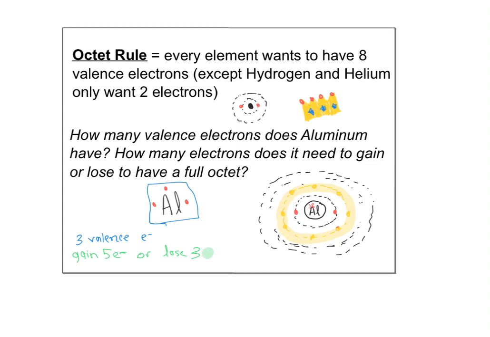It's going to be easier for aluminum to lose 3 electrons, right? That's less work than finding 5. It's basically like kicking 3 people out of the party instead of finding 5 more people to show up, okay? So we know that aluminum is most likely to lose 3 electrons in order to have a full octet.